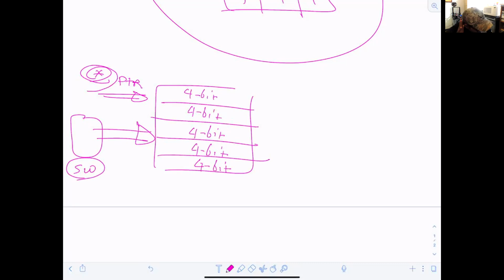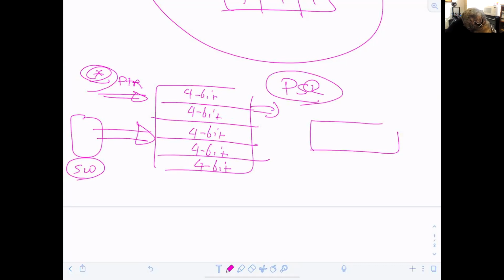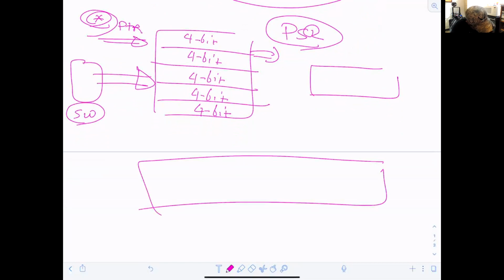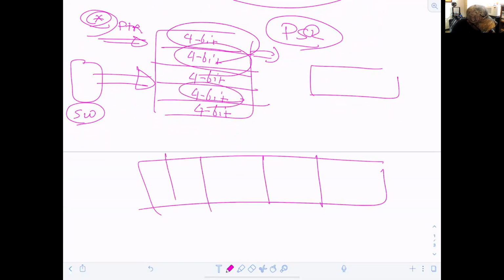So then you need to do what? You need to do a parallel serializer. So that means you need to make something in serial, right? You're going to have a kind of register. One of the dummy ways is to have a big register like this. You take the first part and you load it here, the second part you load it there, the third part you load it there, and the first part you load it here.